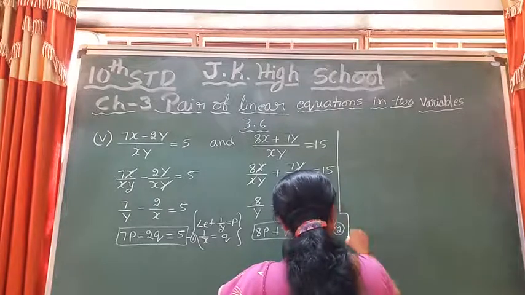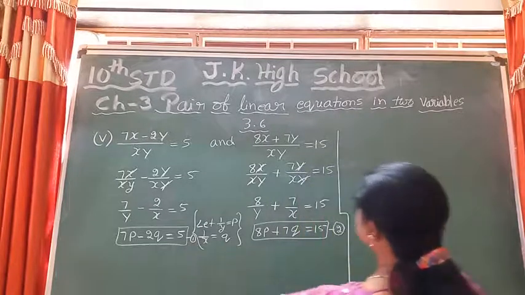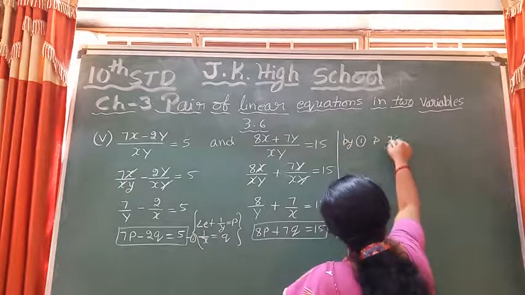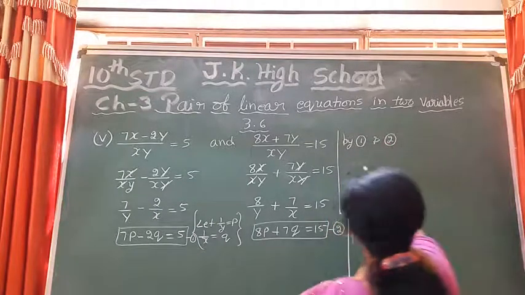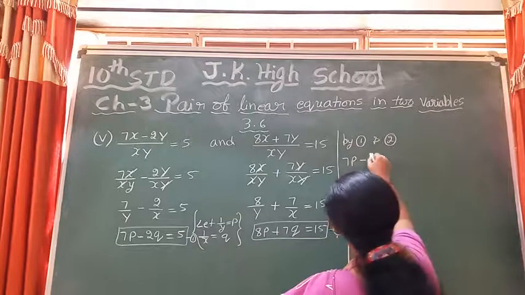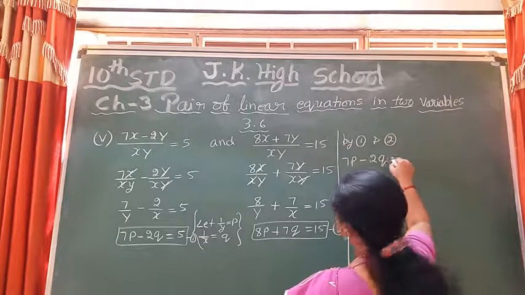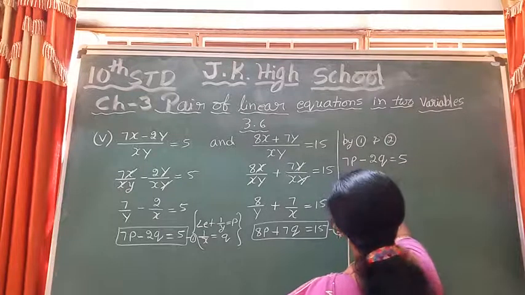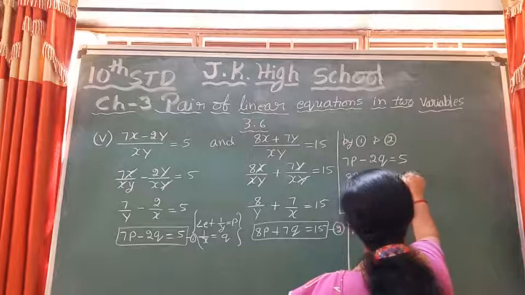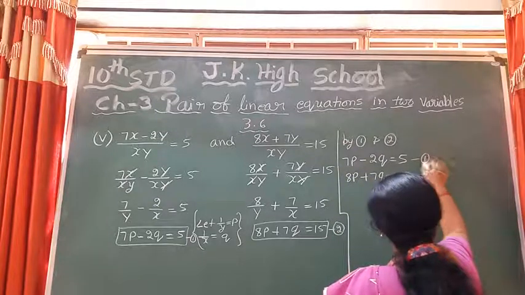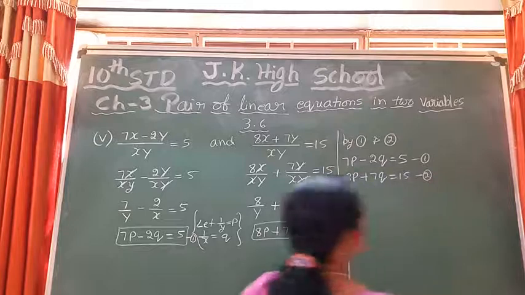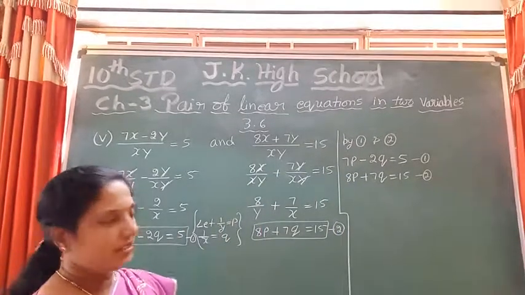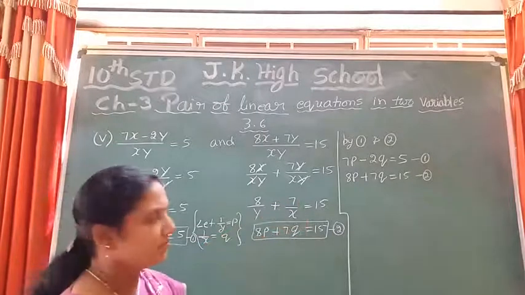Taking both the equations, 1 and 2: 7p minus 2q is equal to 5 and 8p plus 7q is equal to 15. Already the middle terms have opposite signs, minus and plus.